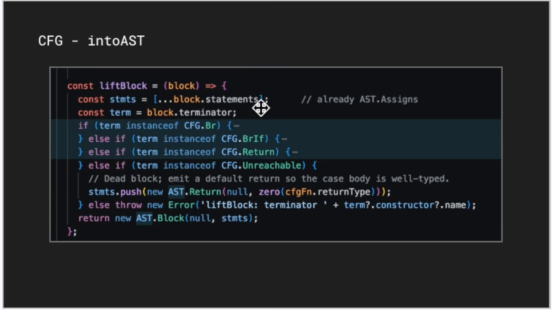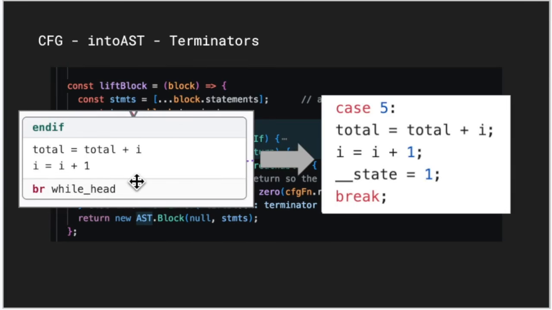So in our case, it's quite simple. And then depending on what the terminator is, we can branch out and decide to do something different. For example, if you see an unconditional branch into a different basic block, you just set the state to be the ID of that basic block and then just break, right?